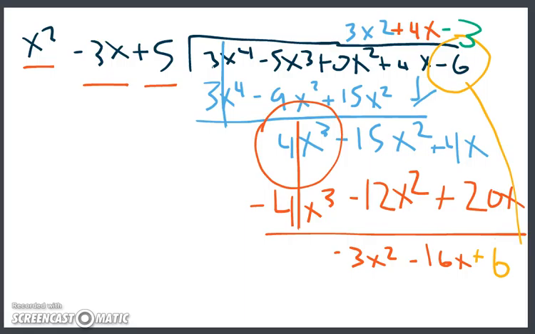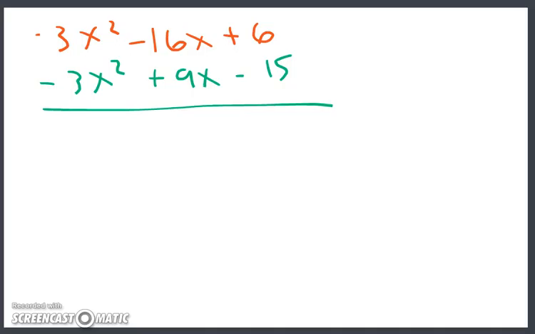Now again, multiply negative 3 by each term up here. So negative 3 times x squared will get you negative 3x squared. And negative 3 times negative 3x will get you 9x. And negative 3 times 5 will get you negative 15.